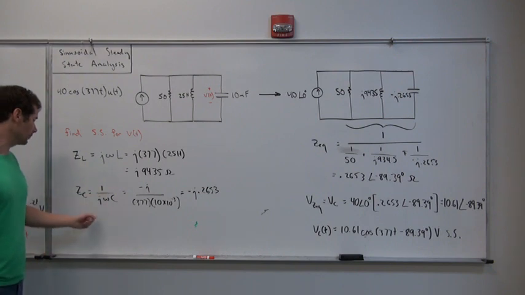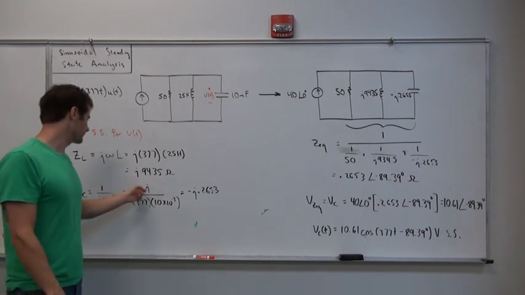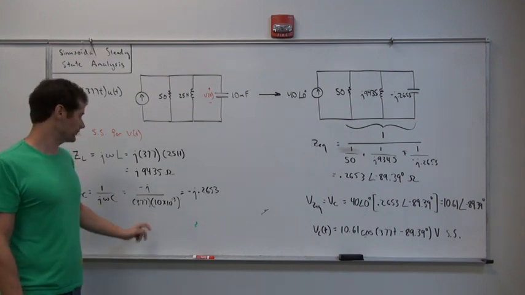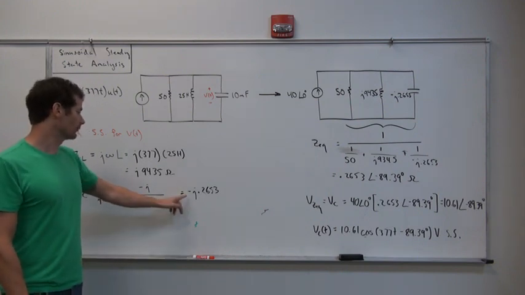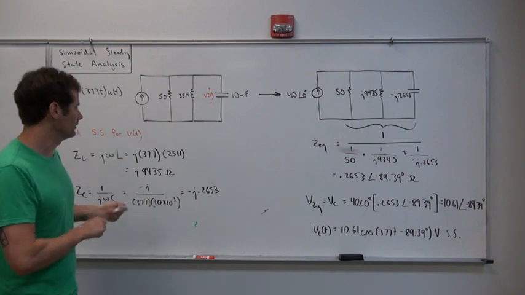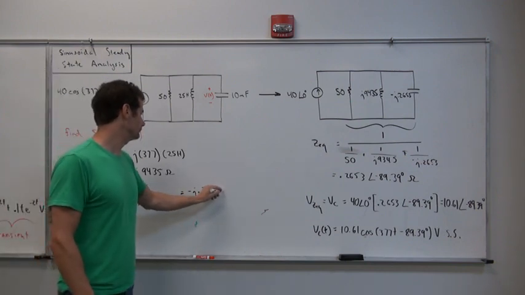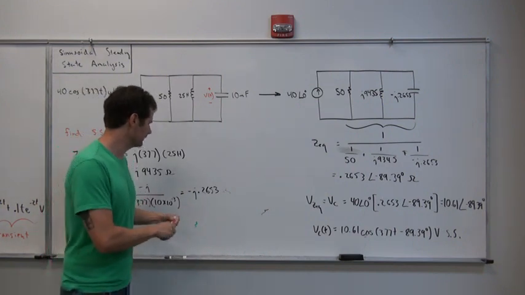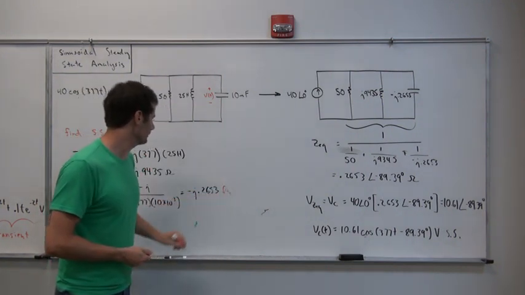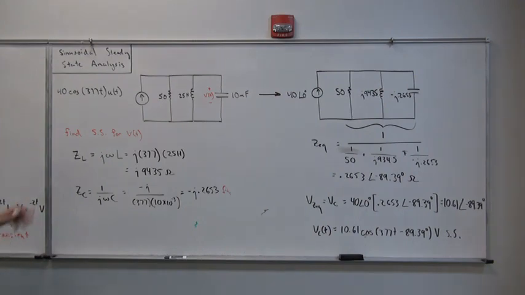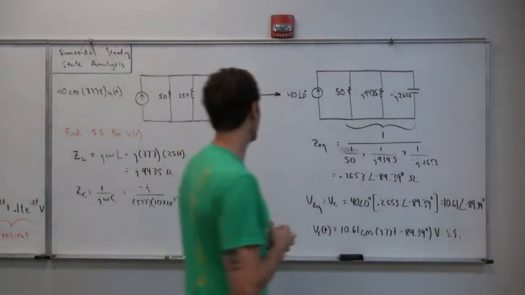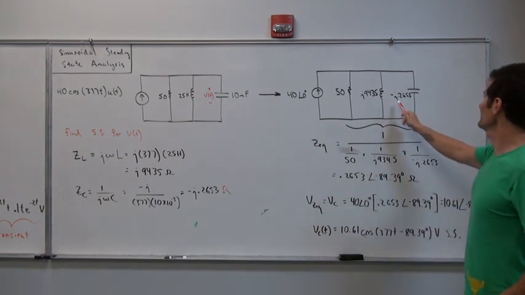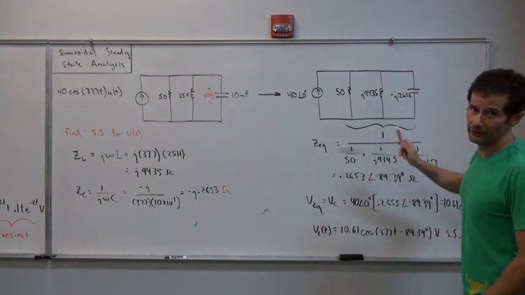Z_C is equal to 1 over j omega C, which is minus j over 377 times 10 millifarads, or 10 times 10 to the negative third, which is minus j0.2653 ohms. So we write our values here: 50, j9425, and minus j0.2653 ohms.